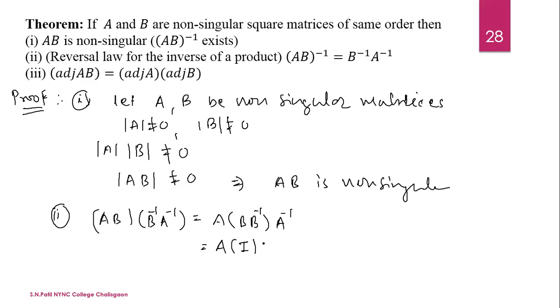It is identity matrix. So this is A into A inverse. So we get AB into B inverse A inverse is equal to identity matrix. Suppose equation number 1.